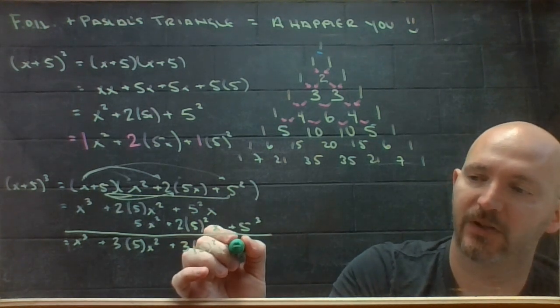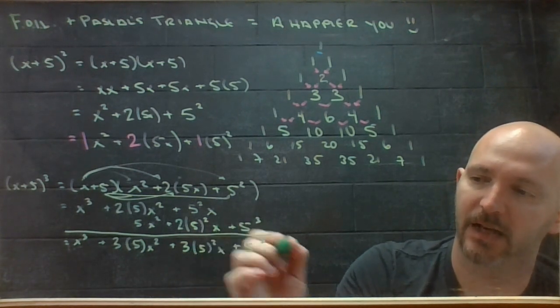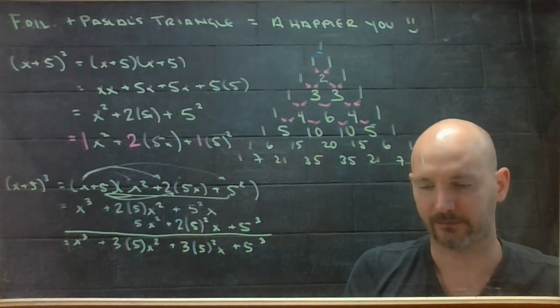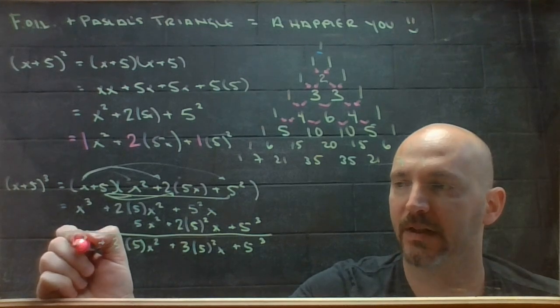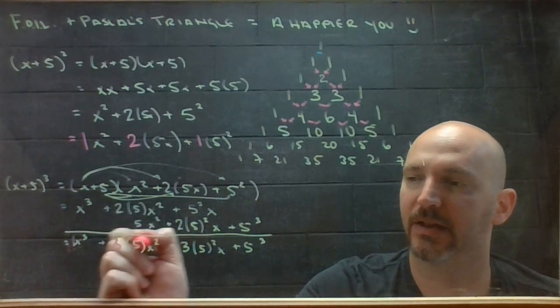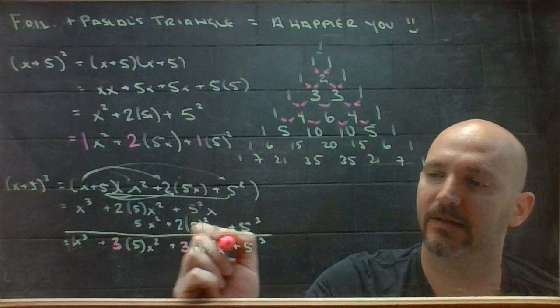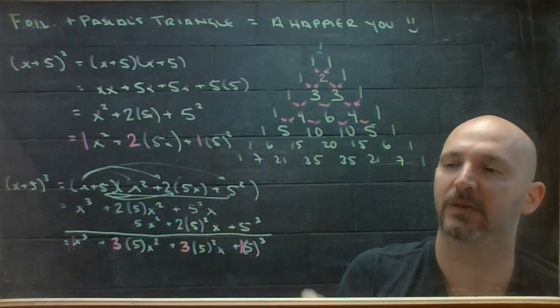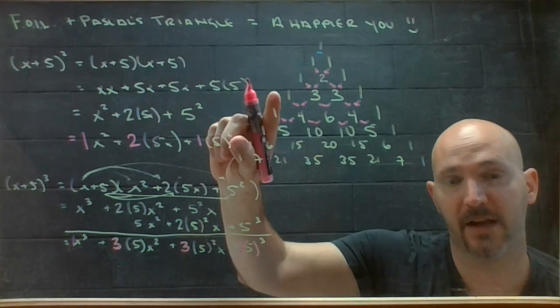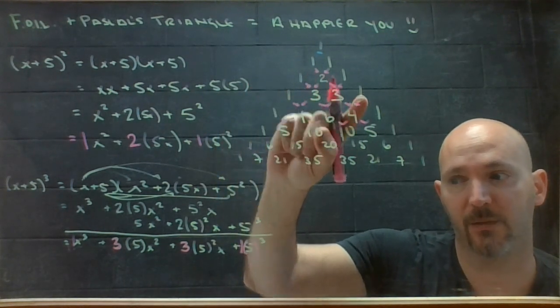And I have a 5 cubed kicking around at the back. So I've got 1 of these, 3 of these, 3 of these, and 1 of these. There's my row from Pascal's triangle, 1, 3, 3, 1.